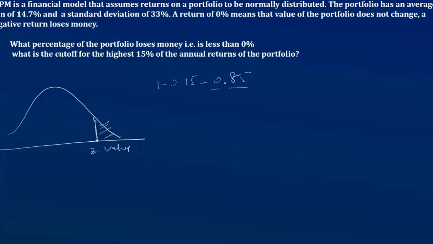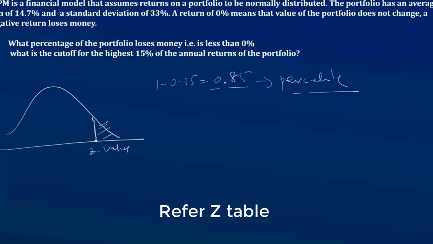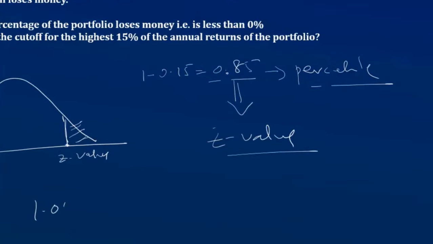So to see the top 15%, you could also equate it to 0.85. So I want the Z value for which the percentile is 0.85, which is 85%. I'll go and refer. The Z value for 0.85 is 1.04.